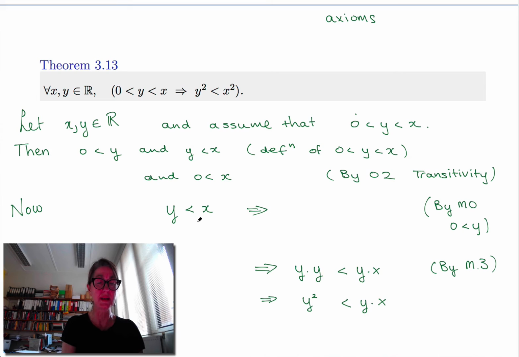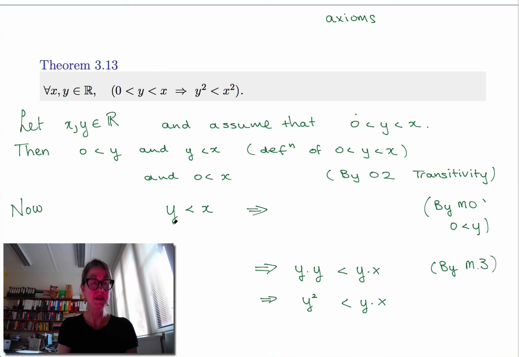So I've got y is less than x, and in the lecture I went straight from y is less than x implies y times y is less than y times x, and I said that was by the order axiom for multiplication, since y is a positive number. That's not strictly true.